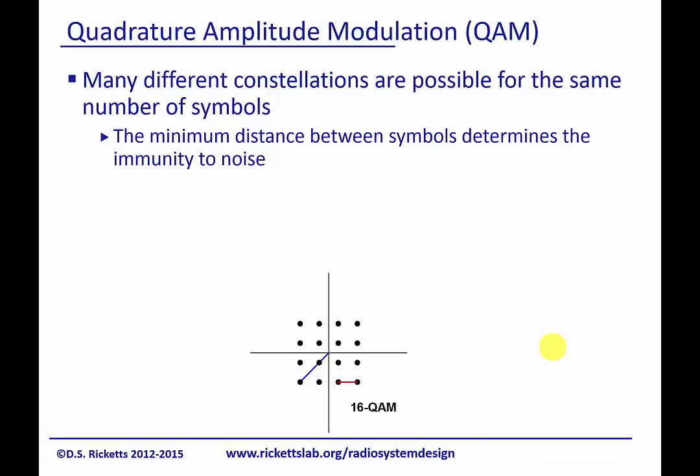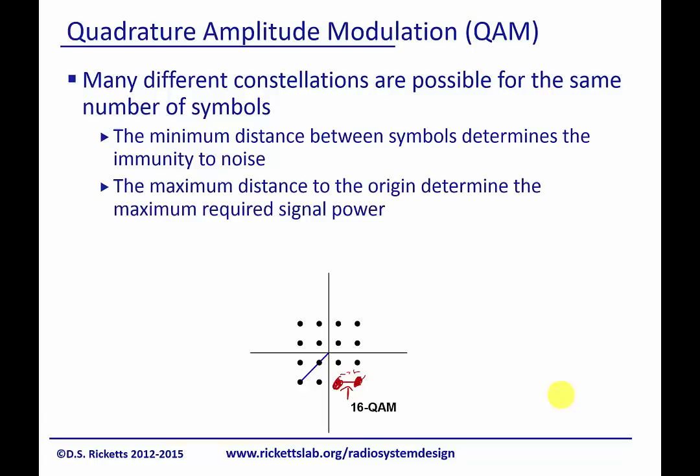The key thing, as I mentioned, is the minimum distance between symbols, shown here in red. That's because as I get noise on this point and noise on that point, the more noise I have, the closer they'll come to one another. So if these two are far apart, I can have a lot more noise and still detect my signals.